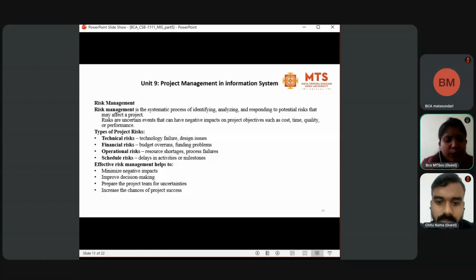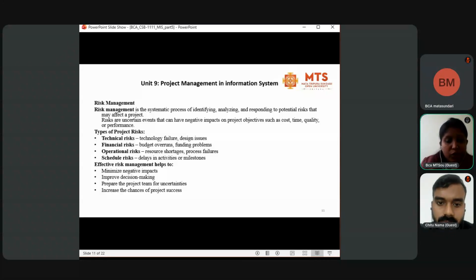There are four types of project risk. First one is technical risk, that is technology failure and design issues. Financial risks: budget overruns and funding problems. Operational risks: resource shortage and process failure. And the last one is schedule risk, that is delay in activities.